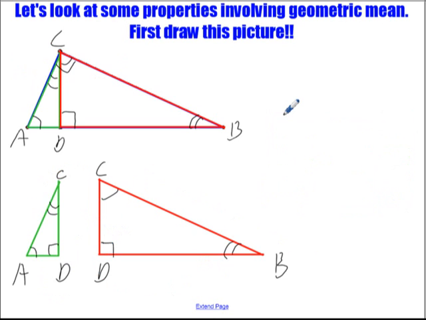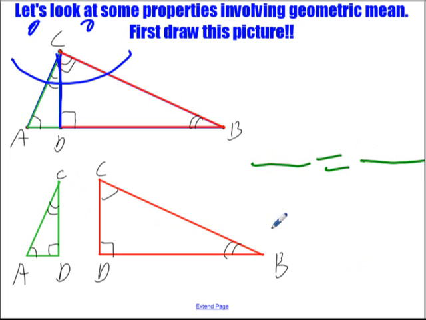One more example. Now if we're going to focus on just the two smaller triangles, the green and the red, what's the side that appears twice? Again, draw your smiley face. It goes through CD. CD is in both triangles. So in the green triangle, let's write our proportion again.